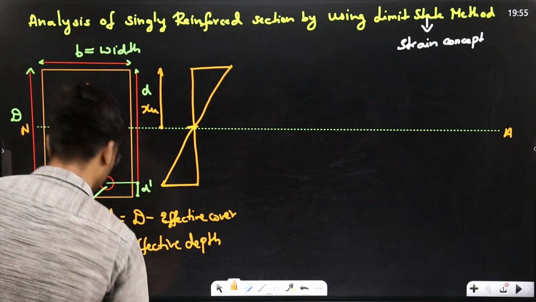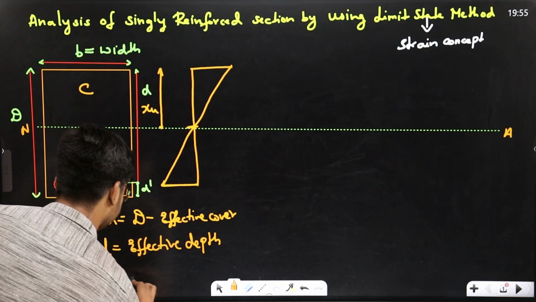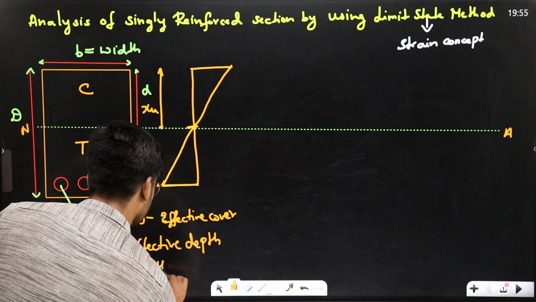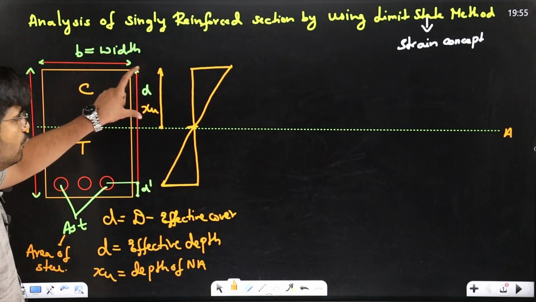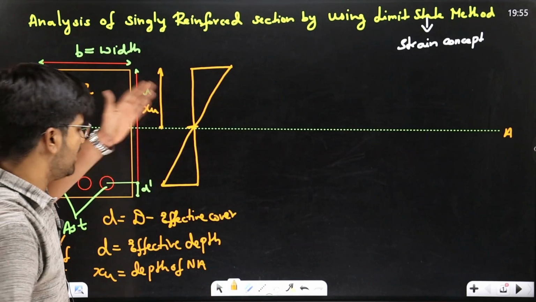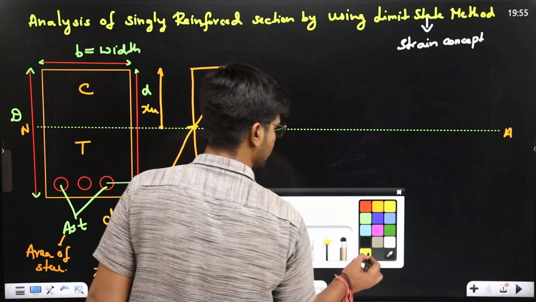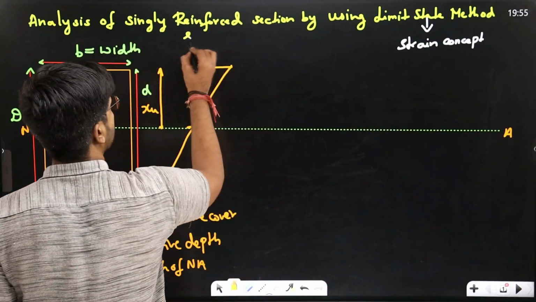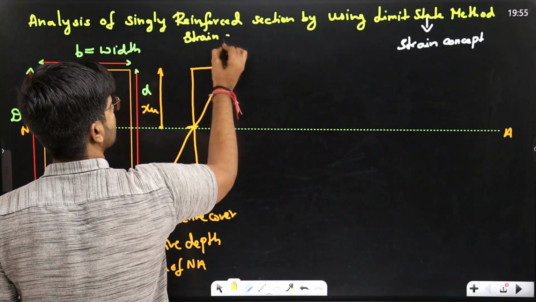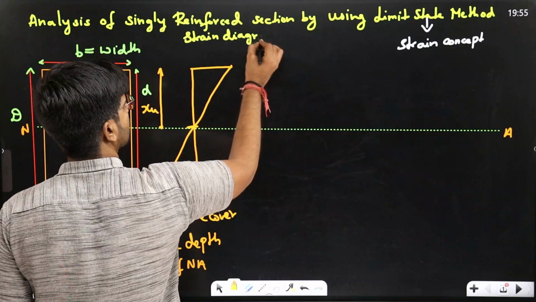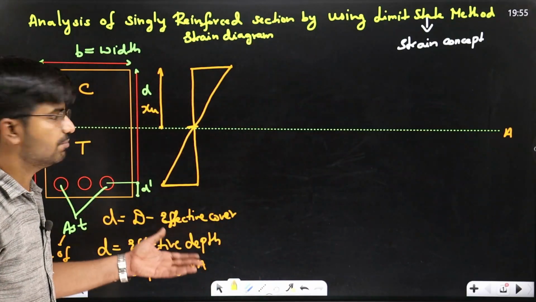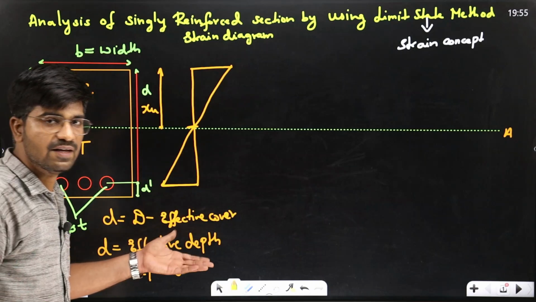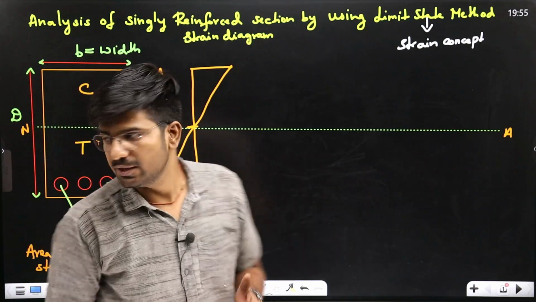Xu is the depth of neutral axis. This is your strain diagram, and it is linear because a plane section before bending remains plane even after bending.